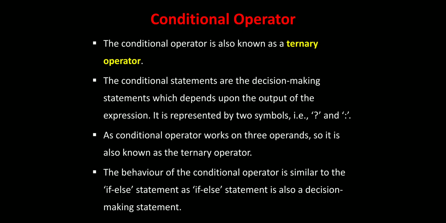Next one is conditional operators. The conditional operator is also known as the ternary operator. Until now we discussed only binary operators. From this we can start discussing ternary operators, that is the third type of operators.